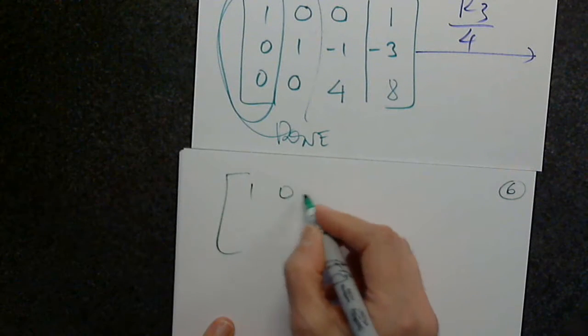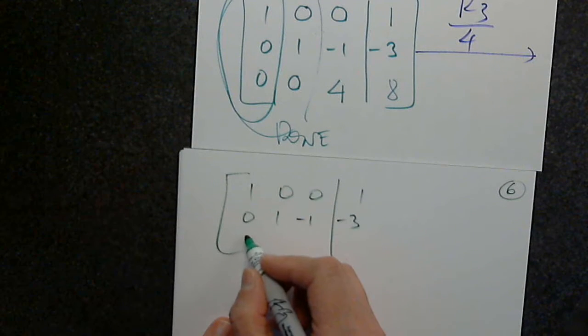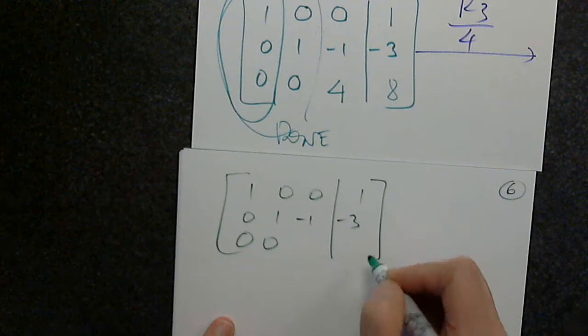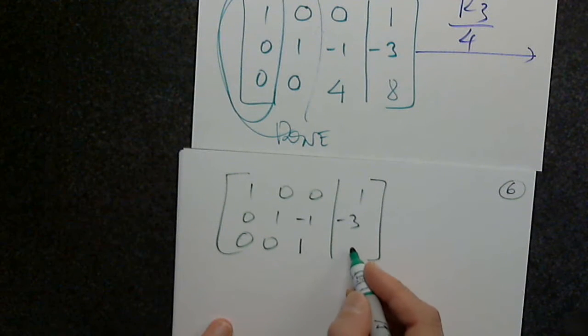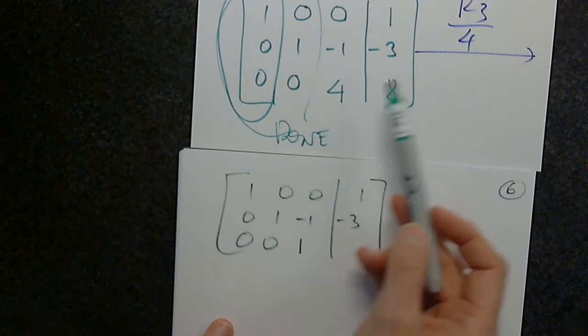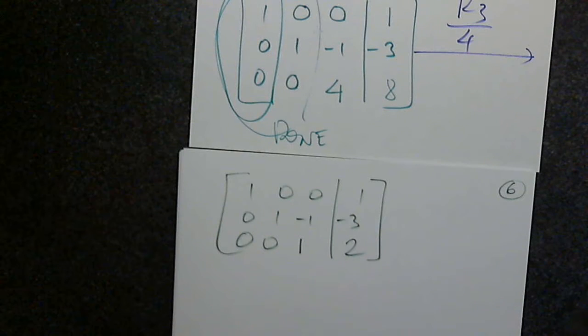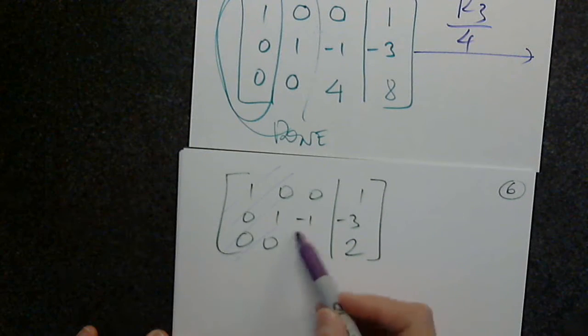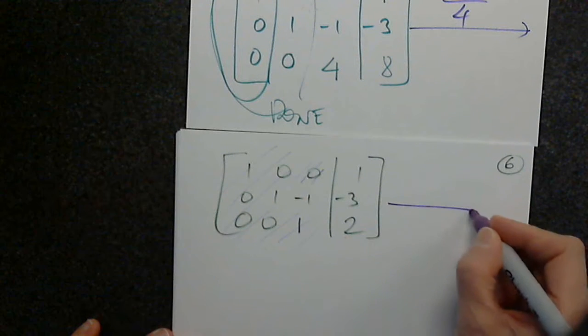So I have 1, 0, 0, 1, 0, 1, -1, -3, 0, 0, and please tell me what to write. 1 and? Careful. 4 divided by 4 is 1. 8 divided by 4, 2. Very good. Okay. All this is done, and even this. Lucky us.